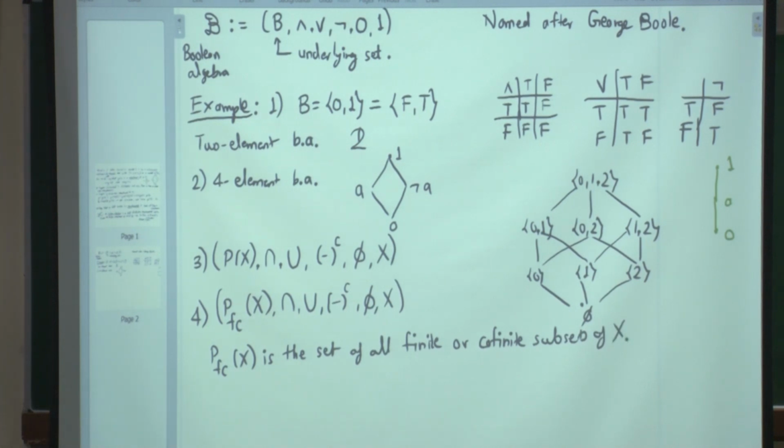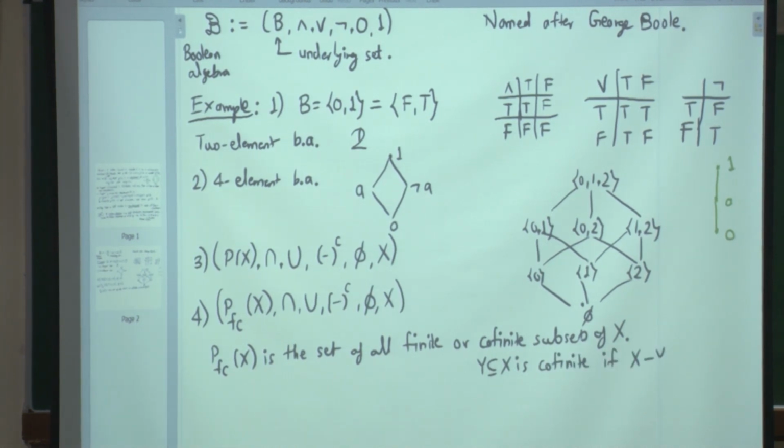Okay, what is the meaning of finite? You understand. Cofinite means the complement is finite. So y is cofinite if x minus y is finite.